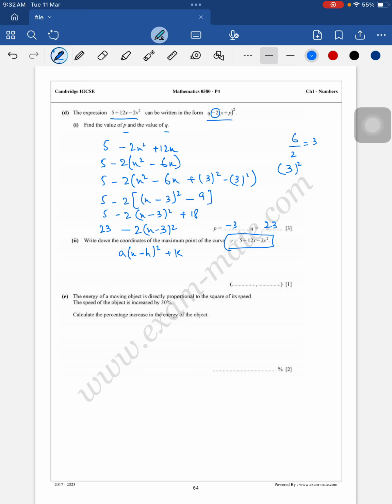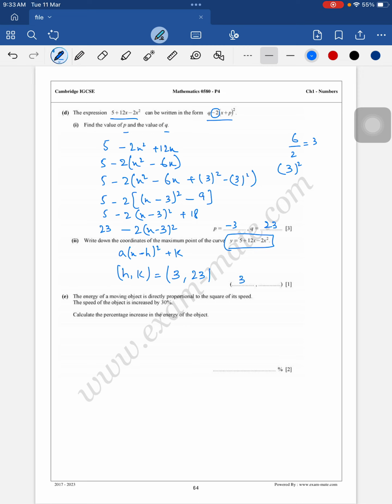According to this, if I compare, I see that k, which is a constant, is equal to 23, and minus h is equal to minus 3, which means h is equal to 3. So (h, k), which is the maximum point on the curve, is h equals 3 and k equals 23.